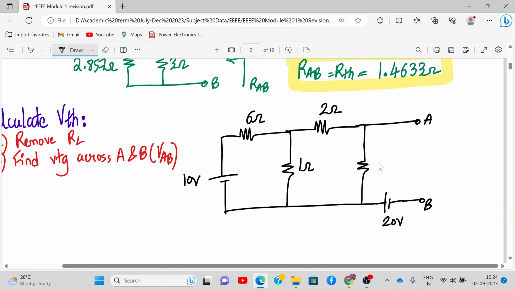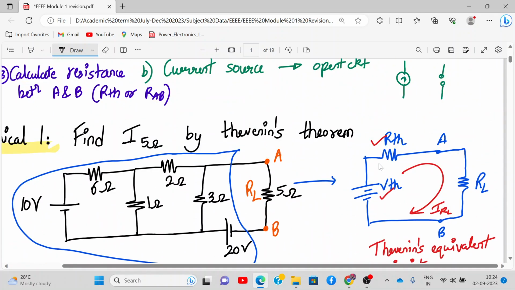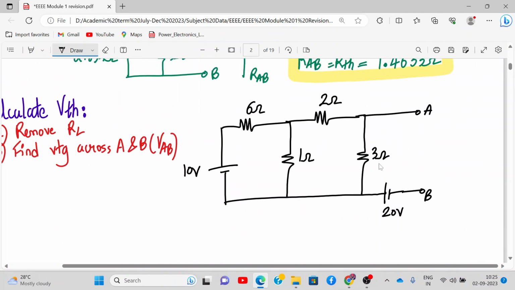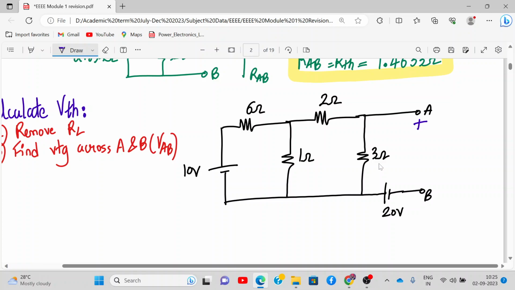So no RL is connected here. We have drawn the same circuit as this, but we have removed the RL. Are you following? Yes, sir.